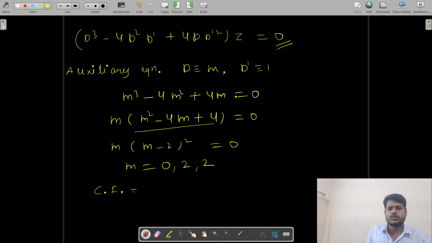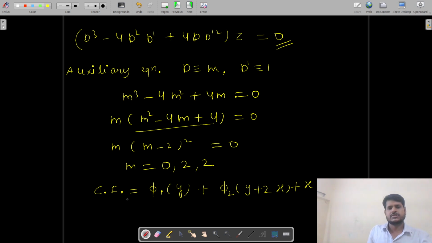So now write this complementary function. First of all, I am going to write phi 1, an arbitrary function of y plus 0x. 0 into x is 0, so we have only y. Now the case of the repeated root: this is phi 2 of y plus 2x plus x times phi 3 of y plus 2x.